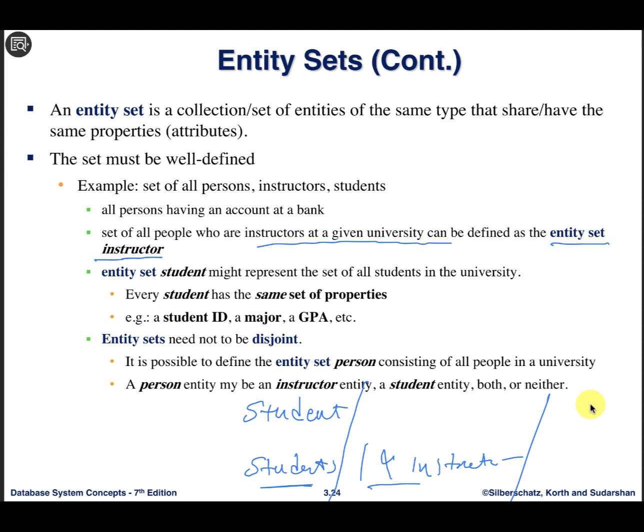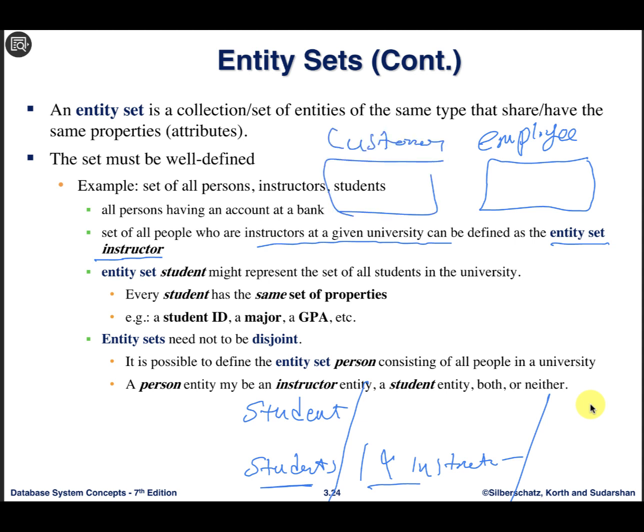What does that mean here? This means they don't need to be disjoint. So let's say we have employee, which contains all the information about the employees in a bank. Okay, this is our assumption. And we have customer, which contains the set of all customers of this bank.